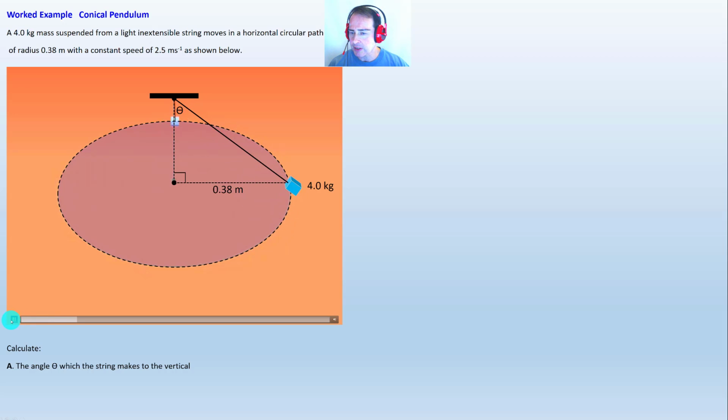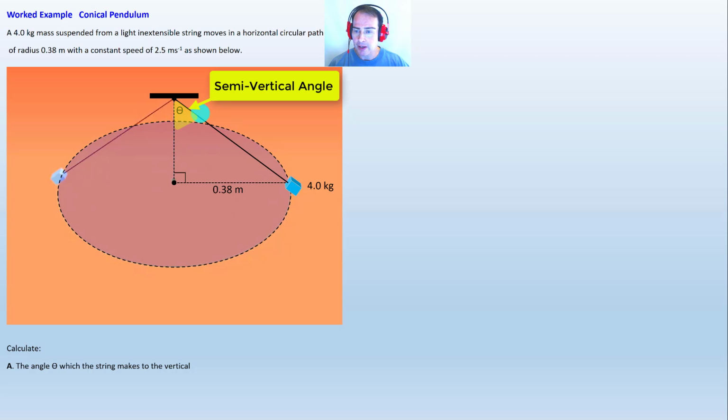So we'll just stop this here on the left side, and keep in mind that we'll be annotating or labeling the mass on the right side so that we can calculate values of different things required. Now this angle between the string and the vertical is sometimes referred to as the semi-vertical angle. The full vertical angle would be the angle between the string on one extreme to the string on the other side, and you can see that it is half of that angle, hence the term semi-vertical angle.